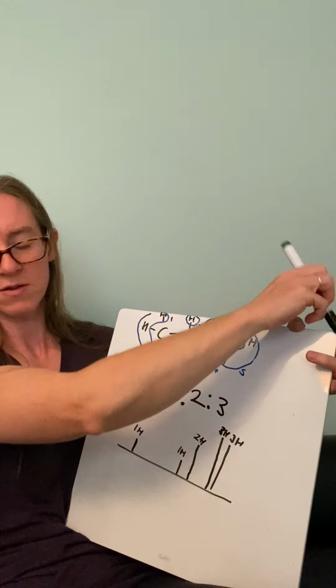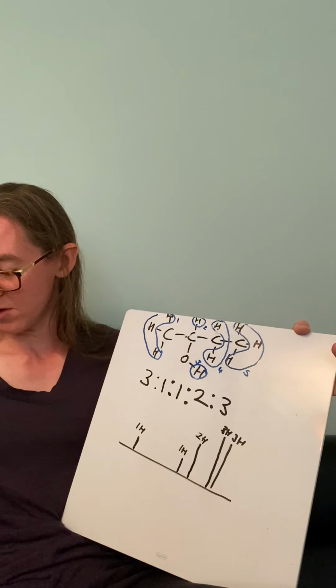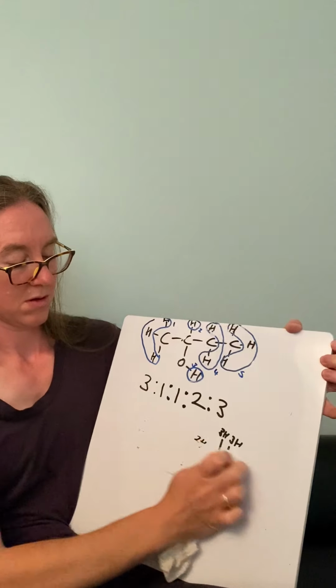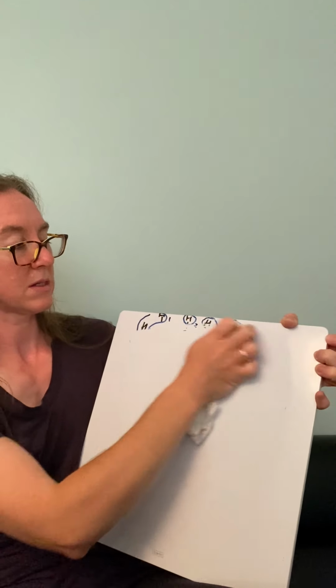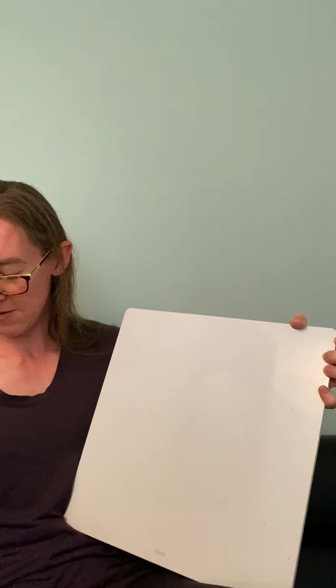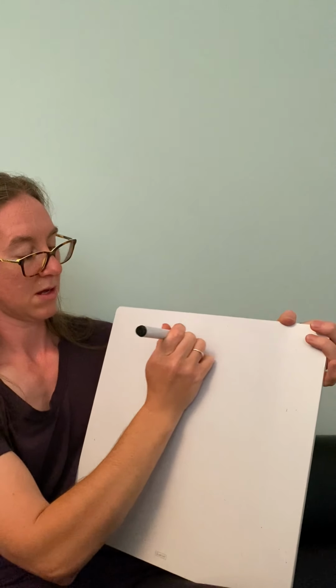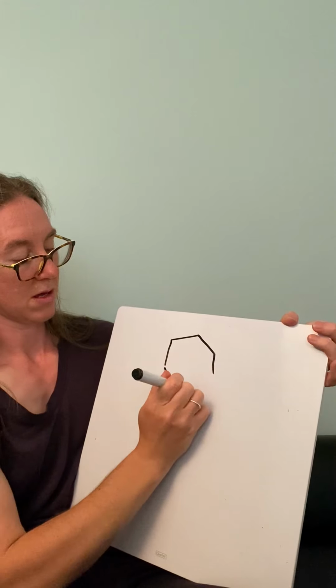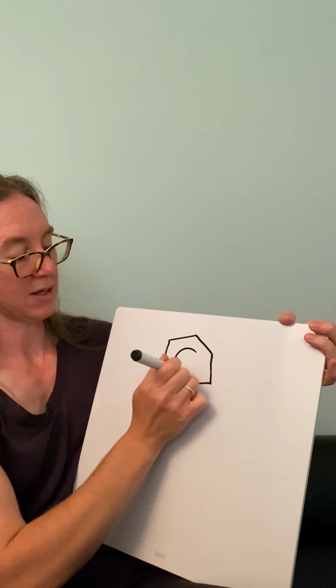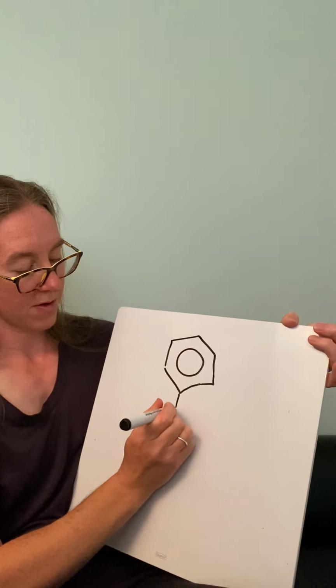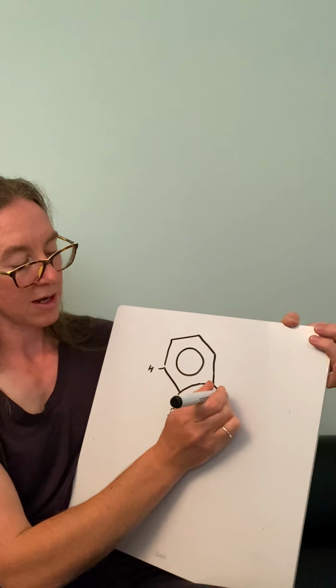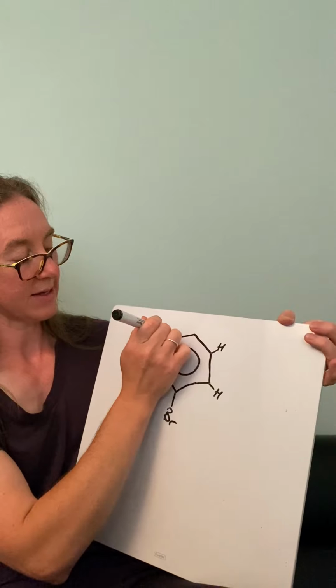One thing to look out for, which is a bit of a clue, is if you have a benzene ring. So there's my benzene ring. Let's put a bromine on it. Remember, on each point of a benzene ring, you've got a hydrogen unless there's something else there.